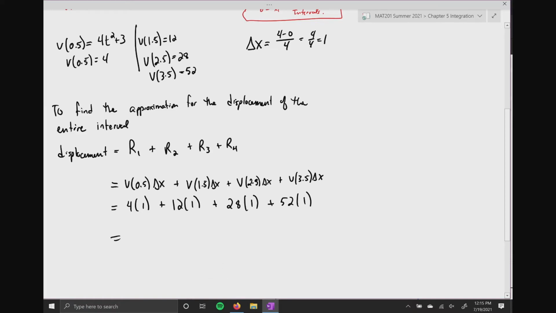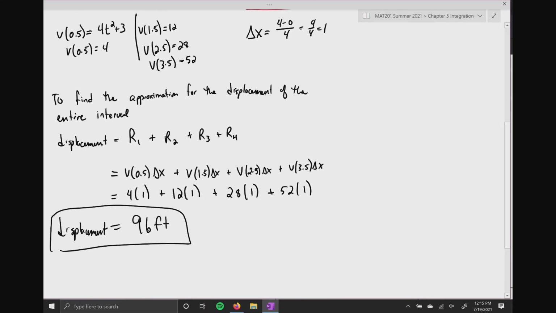When you add all these up, you get your displacement to be 96 feet. Just to recap, the velocity of the object moving along the line, V equals 4t squared plus 3 from 0 to 4. The displacement is 96 feet.